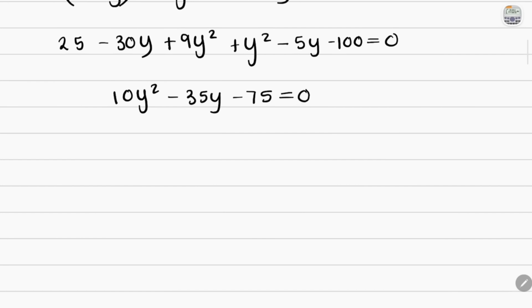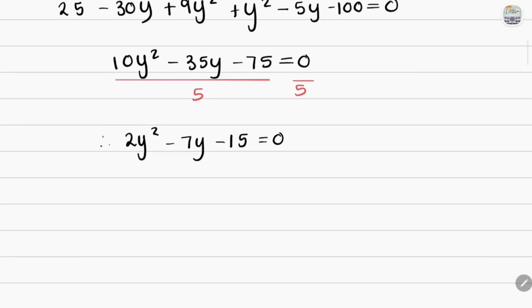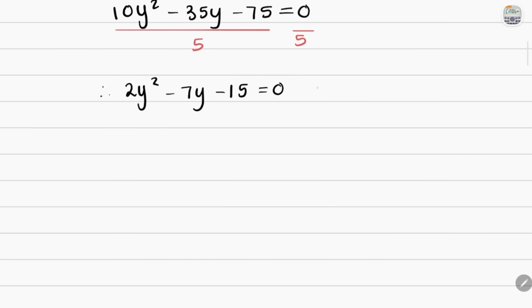You can see that these are divisible by 5, so let's divide both sides of the equation by 5, and we have 2y squared, then negative 7y, 35 divided by 5, and then here we have negative 15, is equal to 0. And now we can factorize.